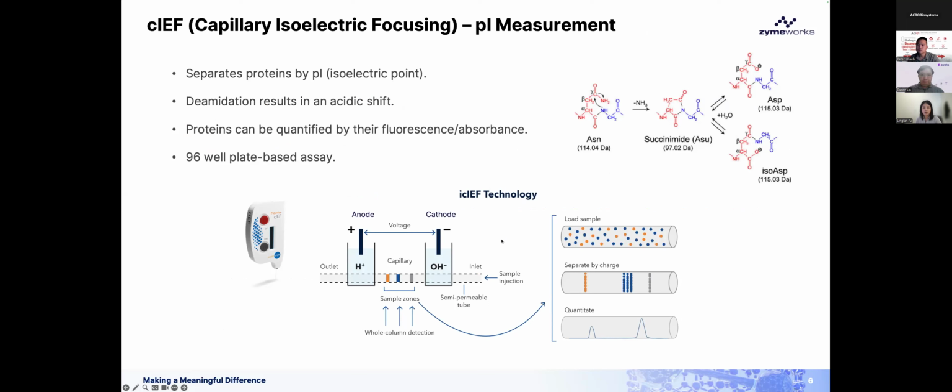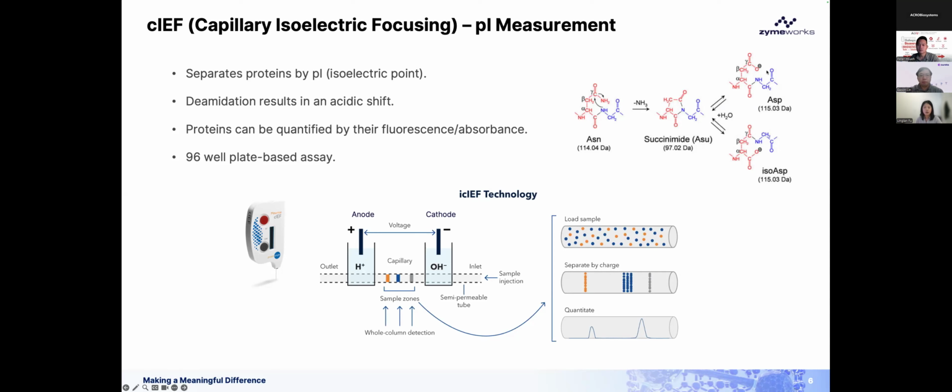Under an electric field, the proteins migrate along the electric field until they reach the pH corresponding to the pI, where the positive and negative charge of the molecule are balanced. After separation, protein can be quantified by their native fluorescence or UV absorbance.